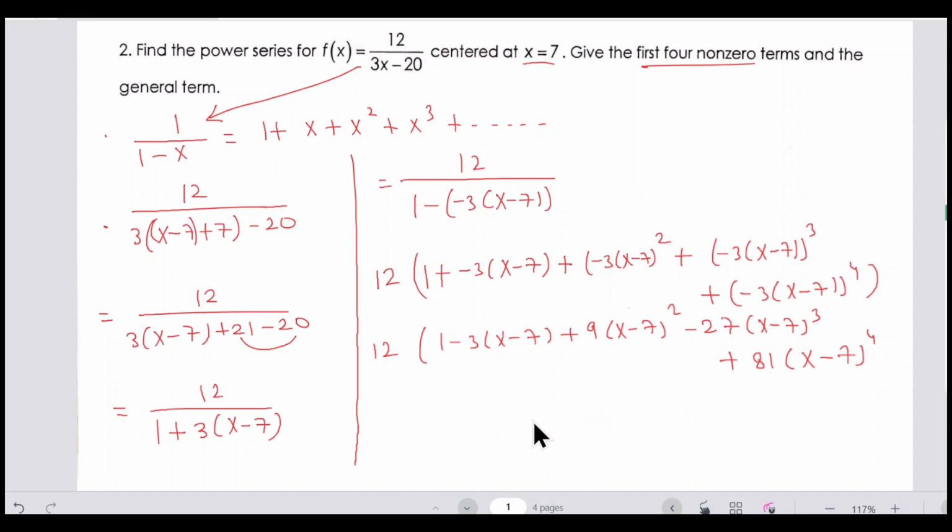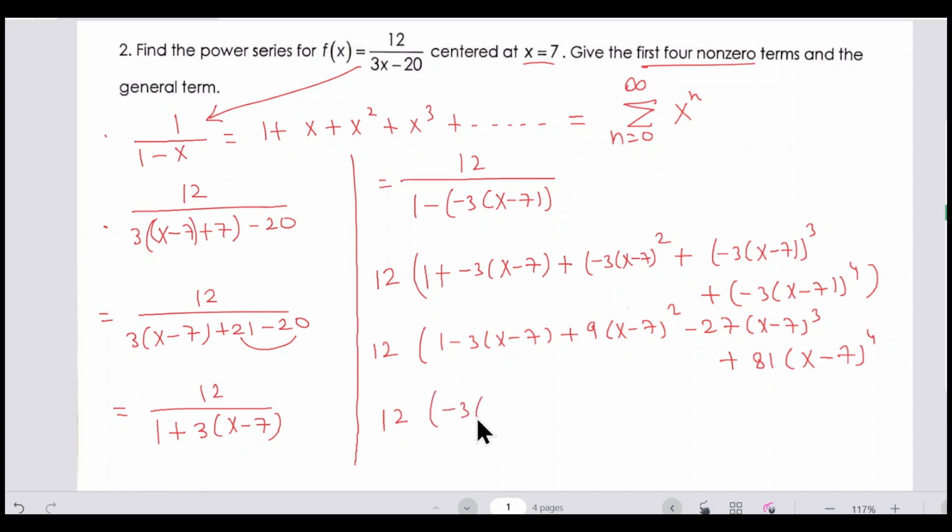And they want a general term as well. So for example, for 1 over 1 minus x, the general term is given by the summation of x raised to n, where n goes from 0 to infinity. So this is the general form. So in our case, the general form is going to be 12 remains as it is.